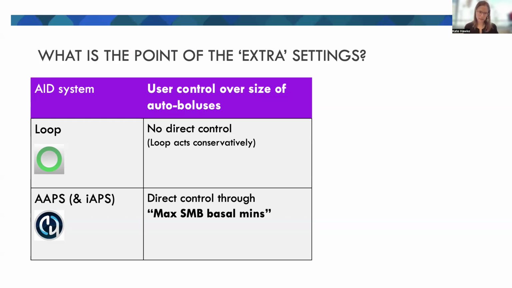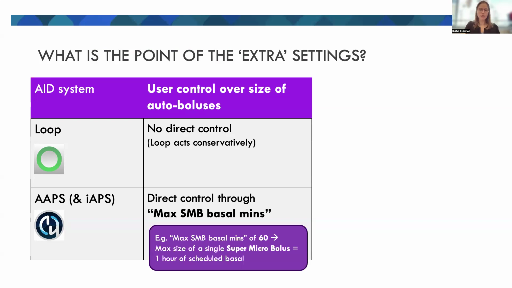In aAPS, which we're talking about here, and iAPS, which has some similarities, the user has direct control over the size of their autoboluses through this setting called max SMB basal minutes, or max minutes to limit SMB to. So users can control the hard maximum size through this setting.